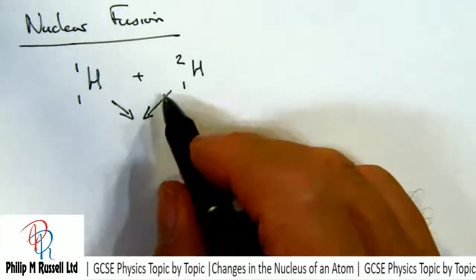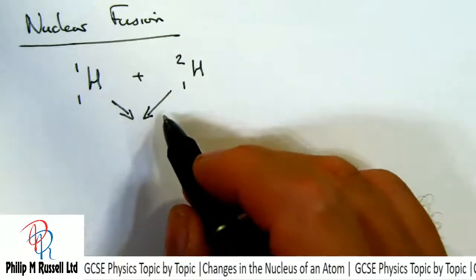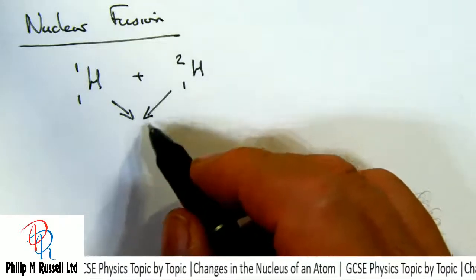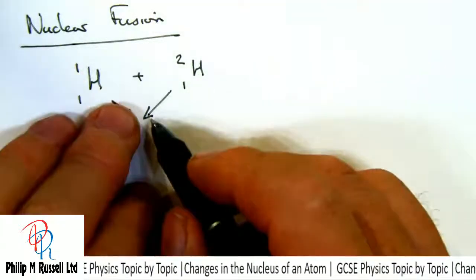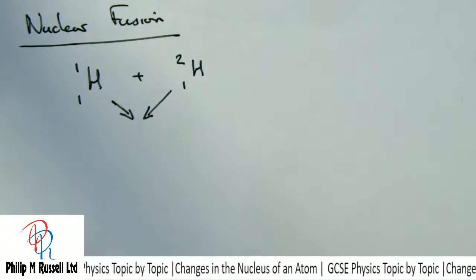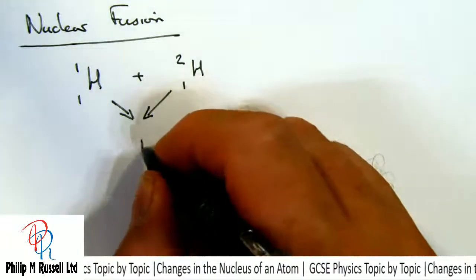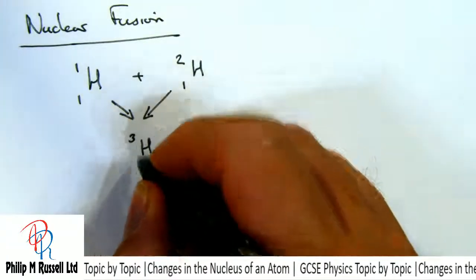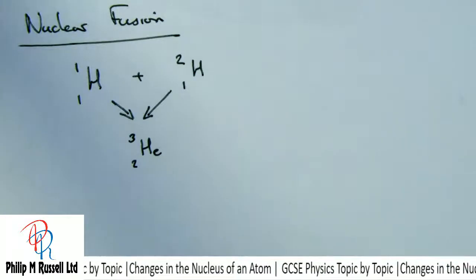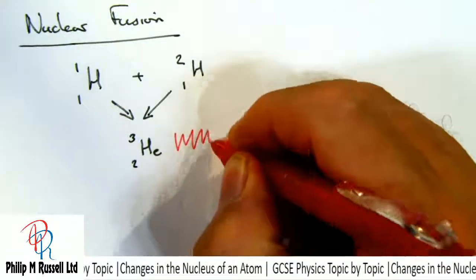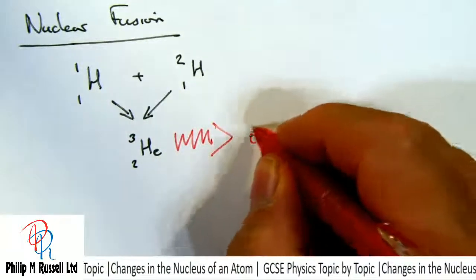In the sun, this is done by immense pressure, this gravitational force pulling these atoms together, and what happens is we make helium, plus we get given out an awful lot of energy.